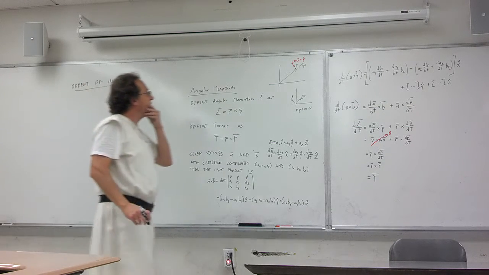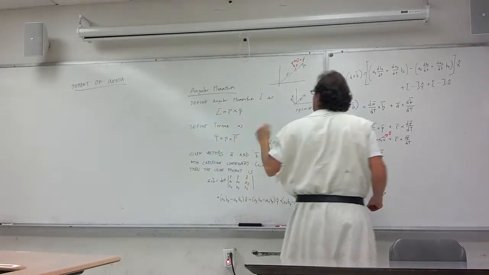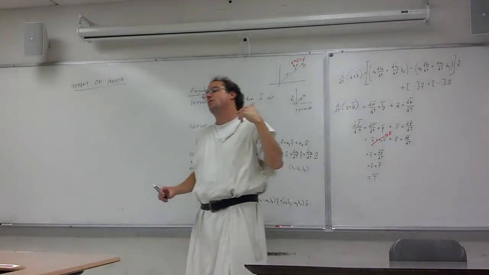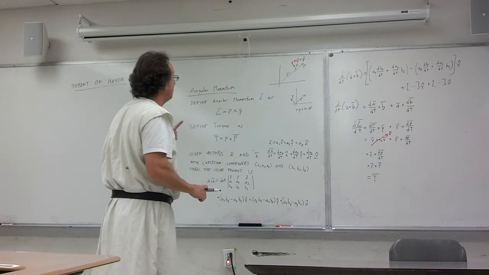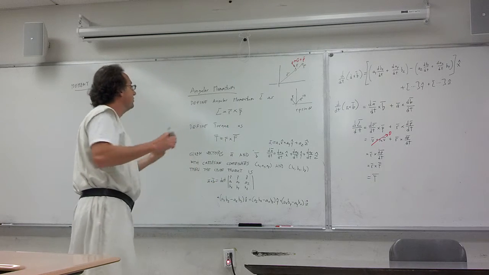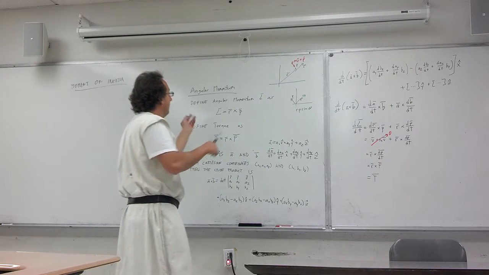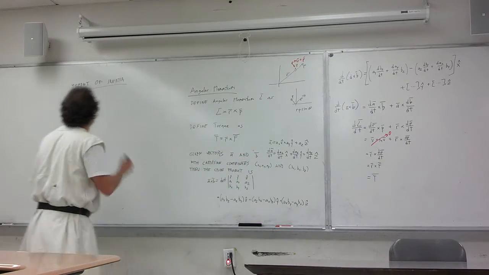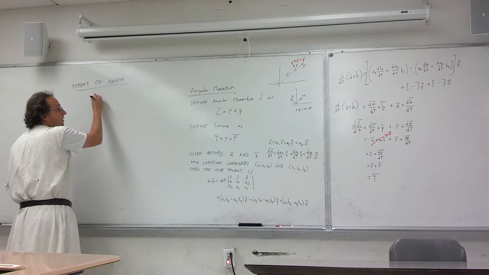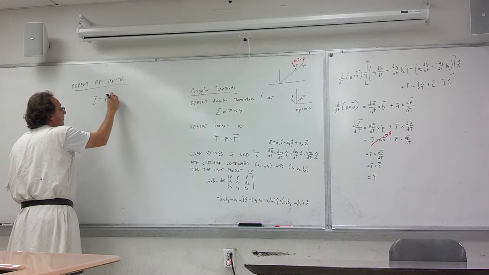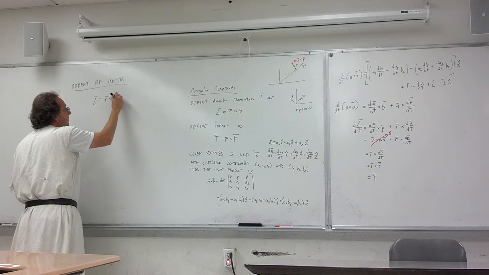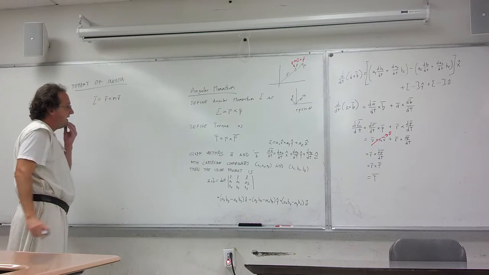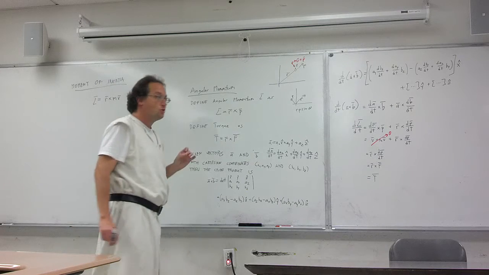Let's see here. This is all for a point mass. If we do this for a continuous distribution of masses, we would integrate over our entire mass. In particular, angular momentum is r cross p, which is m v. Now I'm going to take a particular choice of r.